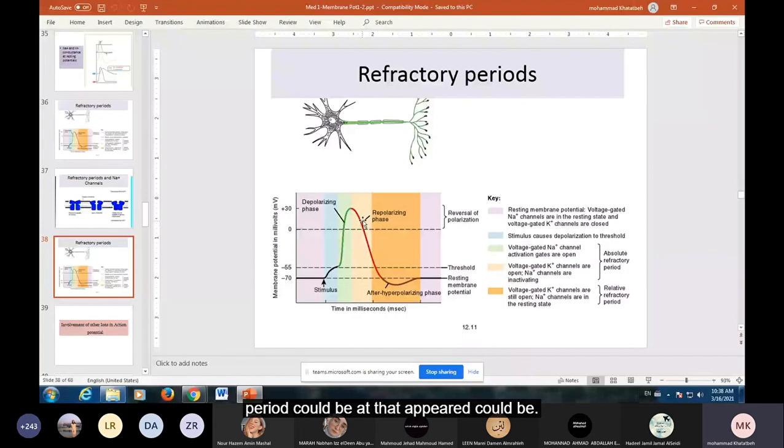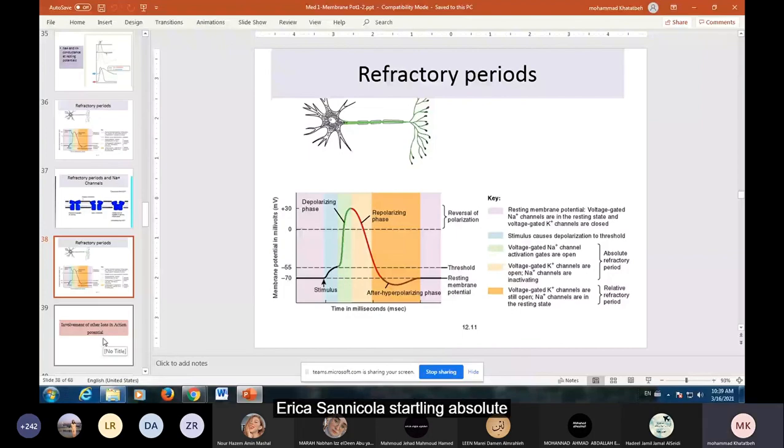It could be at the tip here, or in some literature they also include the first third of the falling phase. But the start of the absolute refractory period, we have a good understanding, is at the threshold potential. Okay, so this is, please go ahead.